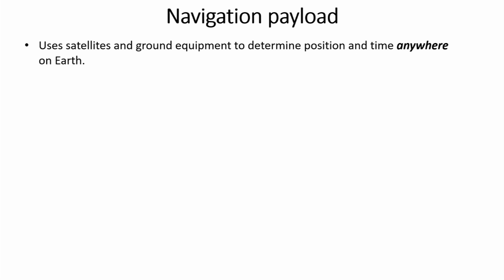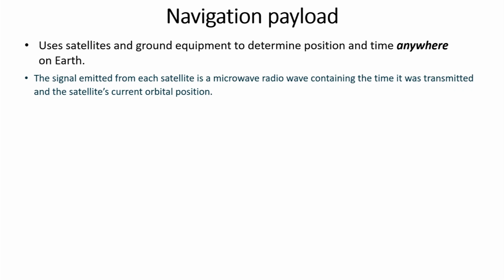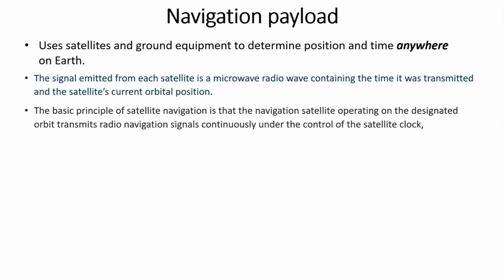Now, the navigational payload. Using a navigational payload, you know the position and time anywhere on the earth. A constellation of satellites is used to do that, and radio signals are used for ranging, with a number of satellites carrying out the navigational activities.